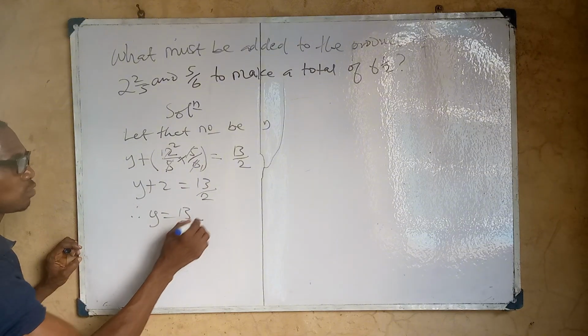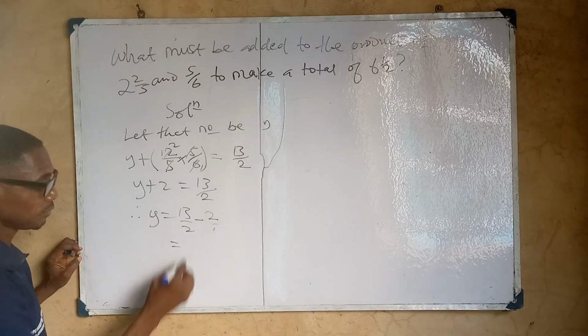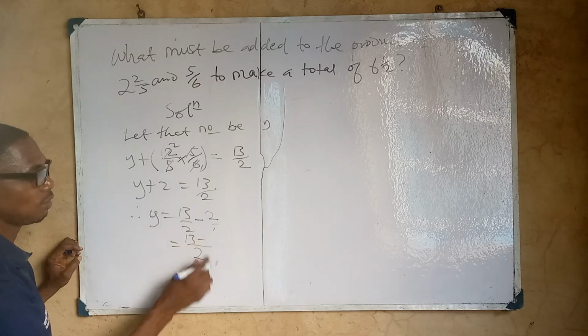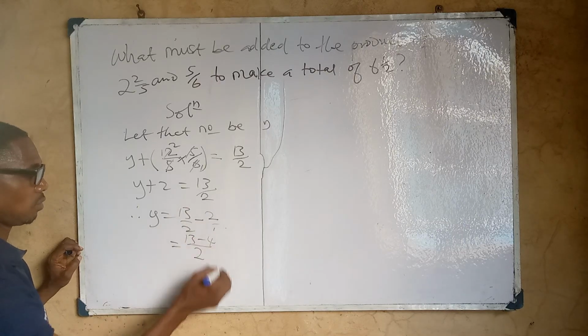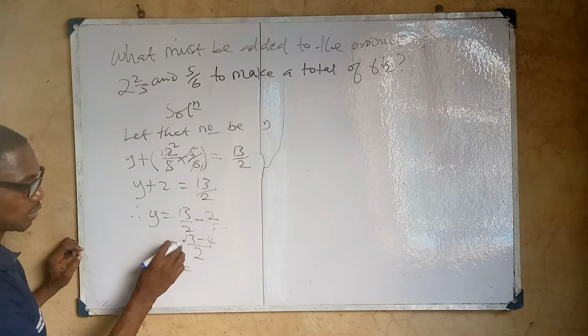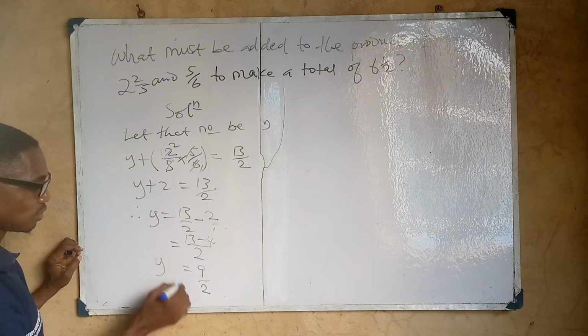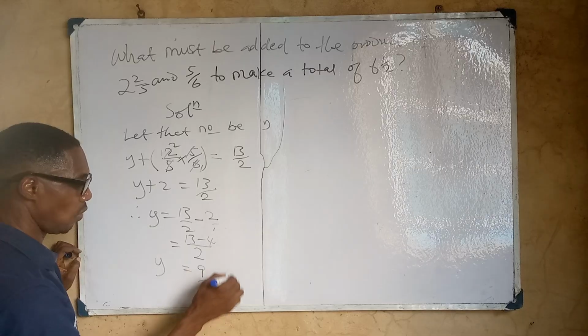The sign will change and it will become minus 2. Take the LCM here. The LCM is 2. 2 goes into 2, 1, 1 times 13, 13. 1 goes into 2, 2 times 2 is 4. That gives us 13 minus 4, that is 9 over 2. So that number is equal to 9 over 2, which is 4.5.